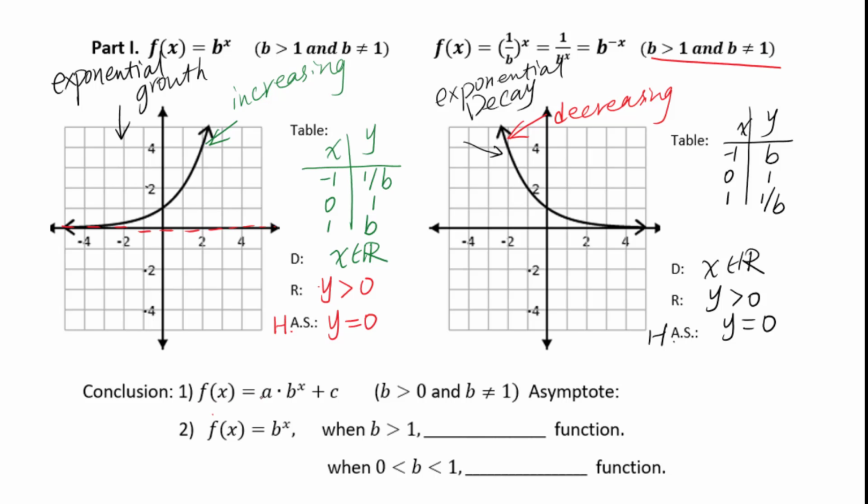For f of x equals a times b to the x power plus c, when b greater than 0 and b is not equal to 1, the horizontal asymptote line will be y equals c. For f of x equals b to the x power, when b greater than 1, it's an increasing function. When b is greater than 0 and less than 1, it's a decreasing function.